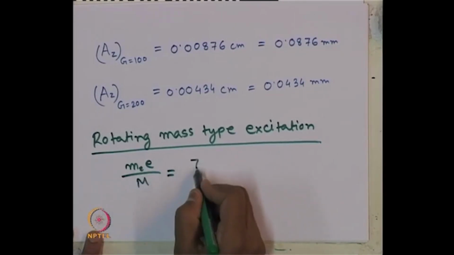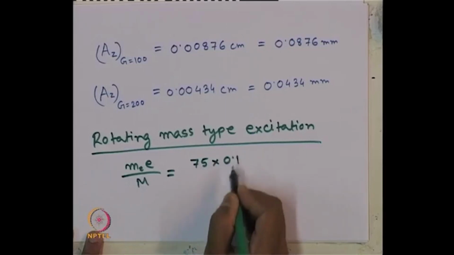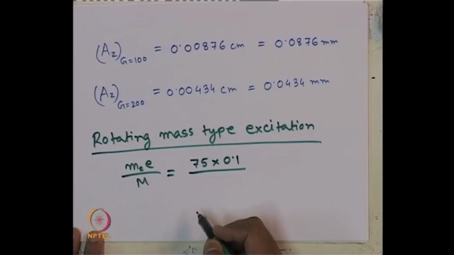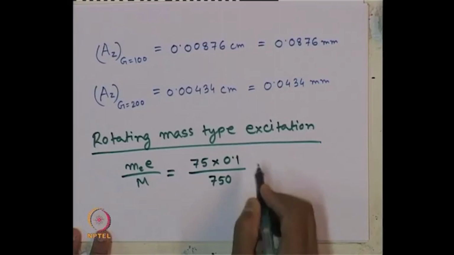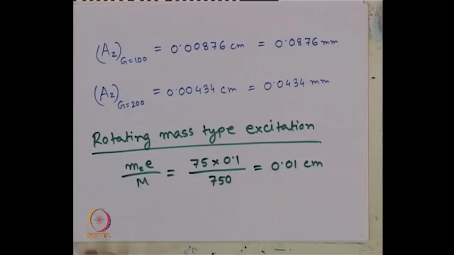What is the eccentric mass? 75 kg, it is given, 0.1 centimeter is the eccentricity, that is 1 millimeter, and 750 is the total mass. So, it is 0.01 centimeter.